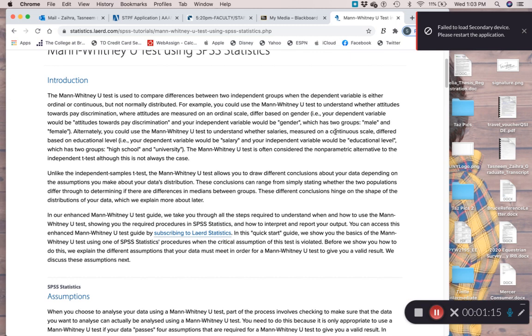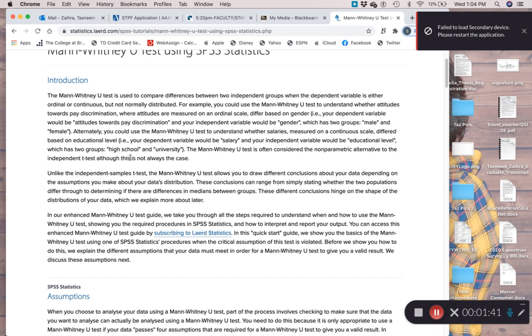For example, you could use the Mann-Whitney U-test to understand whether attitudes towards pay discrimination, where attitudes are measured on an ordinal scale, differ based on gender. So your dependent variable would be attitude towards pay discrimination, and your independent variable would be gender, which has two groups, male and female.